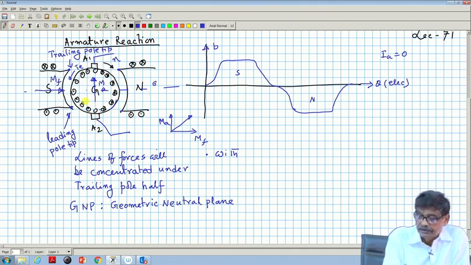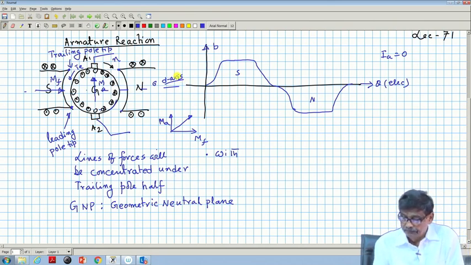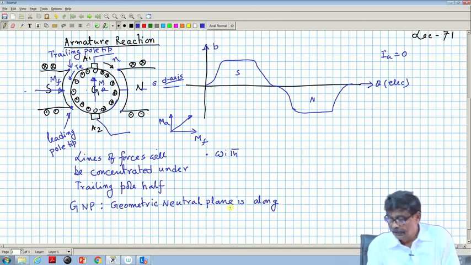This is the d axis with IA equal to 0. The geometric neutral plane is along the q axis, that is, perpendicular to the field axis.